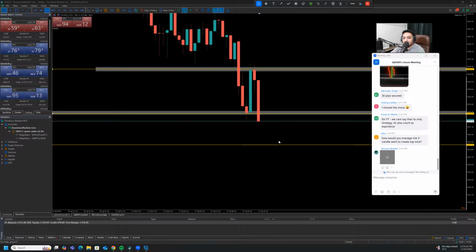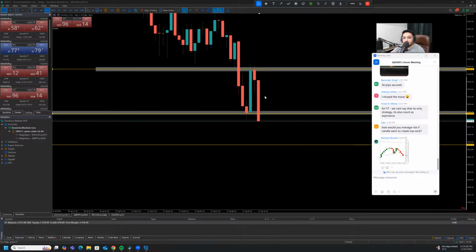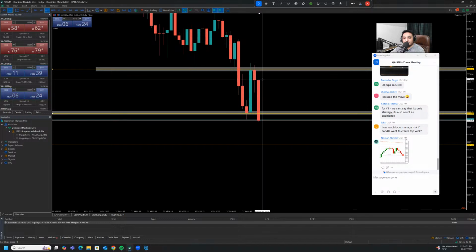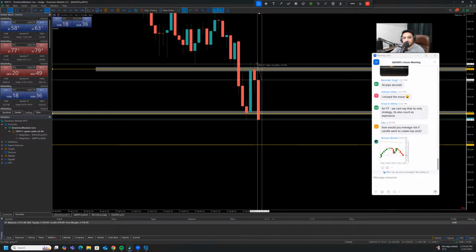How would you manage risk if the candle went to create a top wick? I think it's already a very beautiful, manageable trade because I executed with the opening of the candle and the stop loss is just 20 pips. I would hold the complete stop loss here, it's not even a bigger stop loss.